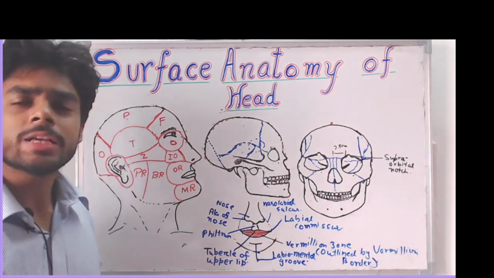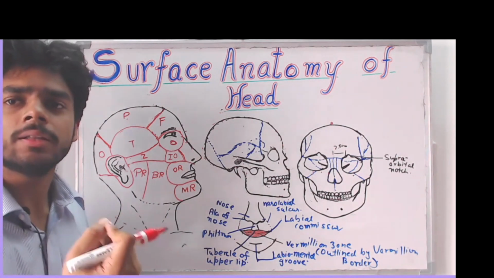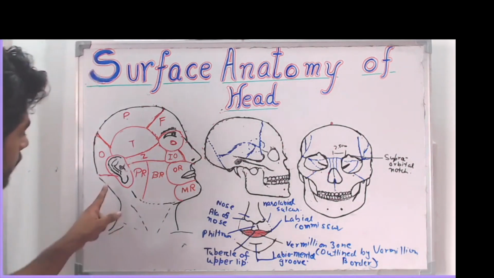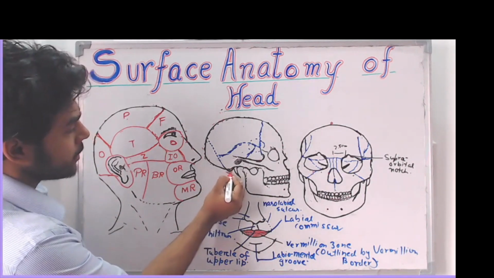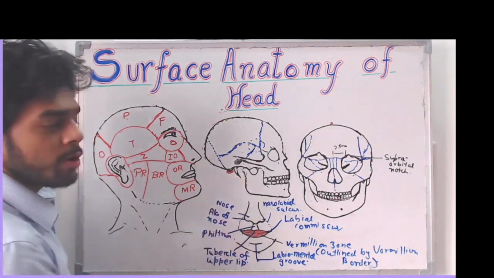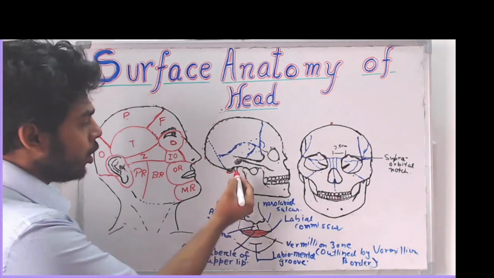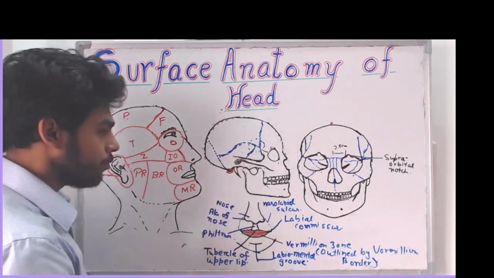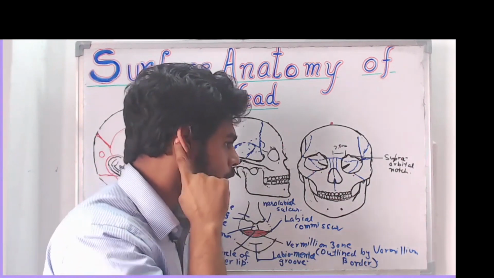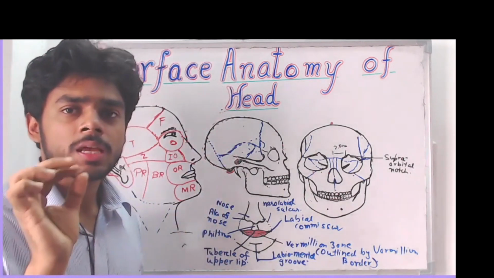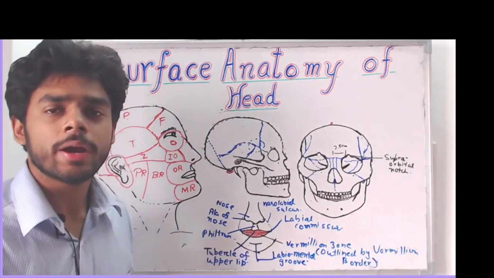We have the mastoid process, which is behind the lower part of the auricle. Here, behind the lower part of the auricle, you can see this protuberance. This is the mastoid. When you move your finger behind the auricle, you can feel a small eminence, which is called the mastoid process.